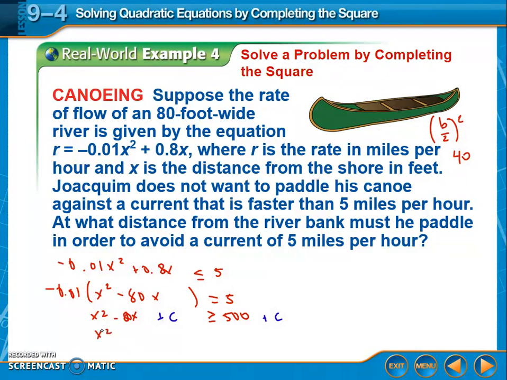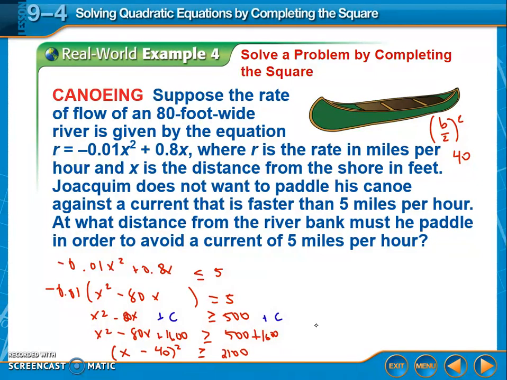So I'm going to have x squared minus 80x plus 1600. And then on this side, 500 plus 1600. Okay, factoring this side, this is going to be x minus 40 squared is less than or equal to 500 plus 1600 is 2100.